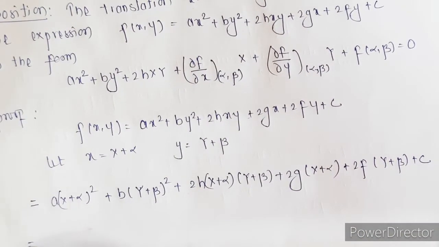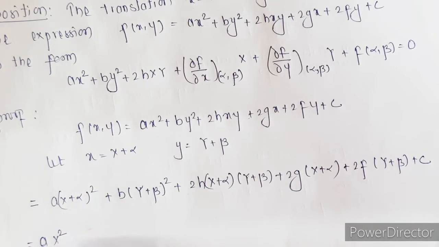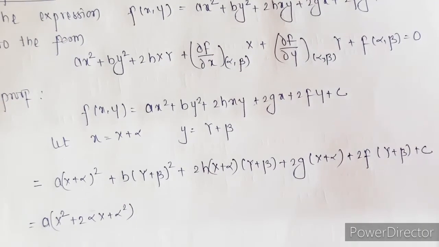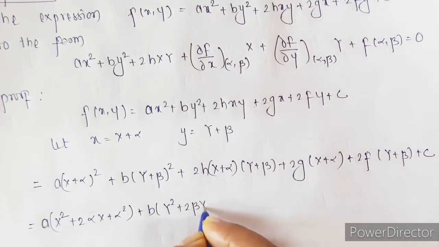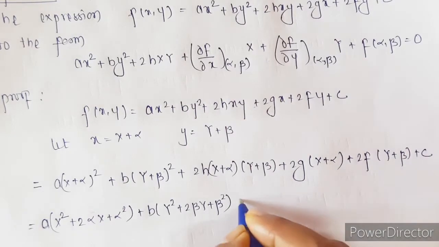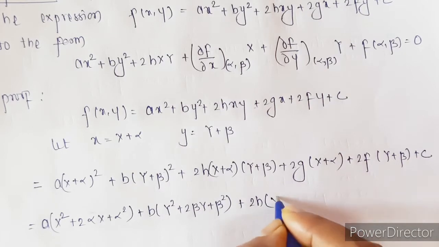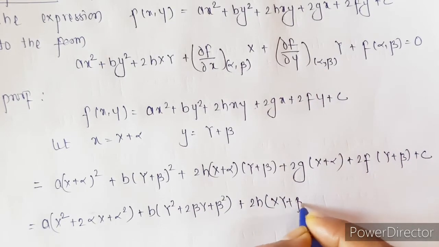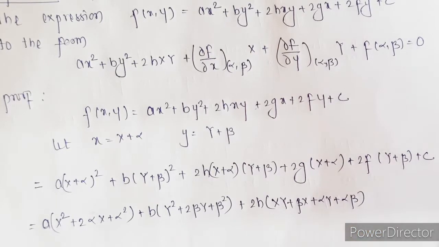Now let's expand this. So this will be a times the expansion X square plus 2 alpha X plus alpha square, the expansion of the second one is Y square plus 2 beta Y plus beta square. Then let me keep this as it is. Let's just multiply this first. So it will be XY, beta X, alpha Y and alpha beta.